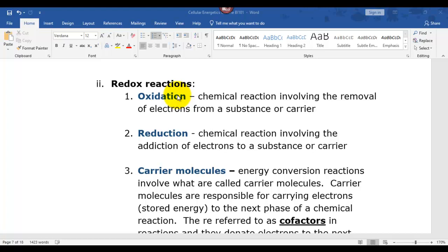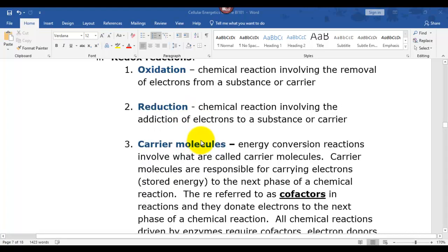Reduction or reducing is a chemical reaction that involves the addition of electrons to a substance or carrier. I'll show you what that means in a minute. I know it sounds backwards, and it is. If you reduce something, you would think you're taking it away. But in chemistry, when you reduce something, you're adding electrons to it.